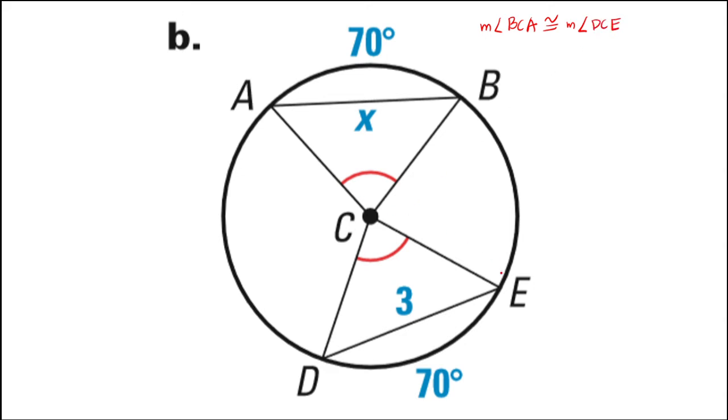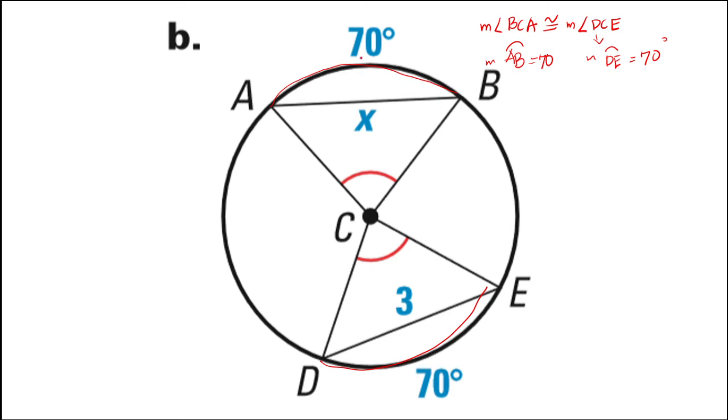So, kung congruent yung dalawang yan, yung intercepted arc ng angle ACB or BCA ay arc AB. So, si arc AB ay 70. Tapos, ito naman, ang corresponding arc niya, DE. Si arc DE, the measurement of arc DE is also 70.